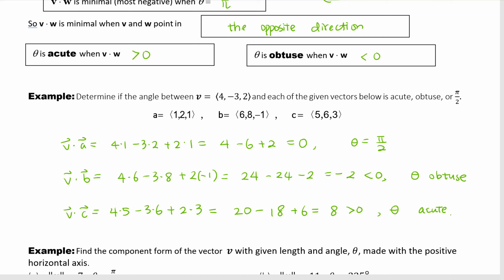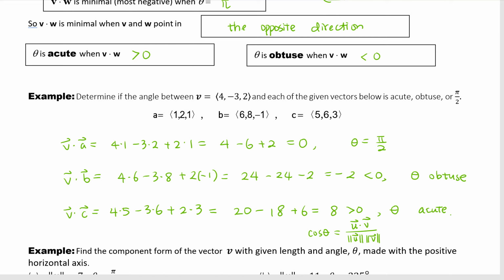Okay, so we can use dot products to know the angle between them. Okay, so far so good. In general, we can actually find the angle between them. Here we only know it's acute, but in general, we can solve that cosine theta is u dot v over the magnitude of u times the magnitude of v.